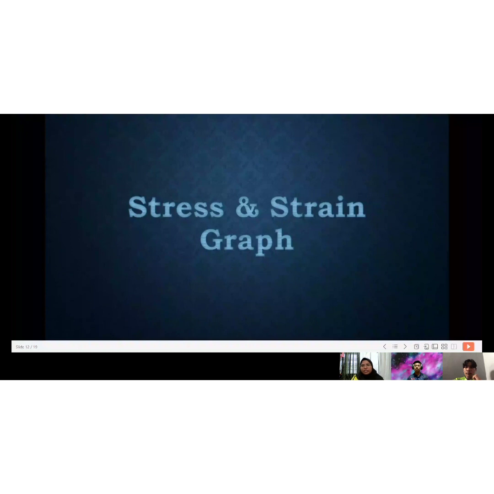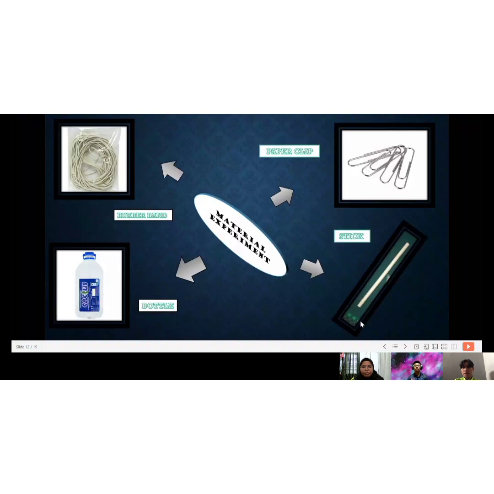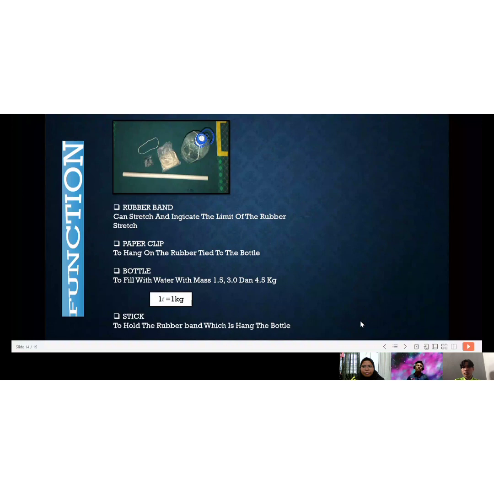Stress and strain, the graph. The materials for the experiment are, for example, rubber band, paper clip, stick, and bottle.